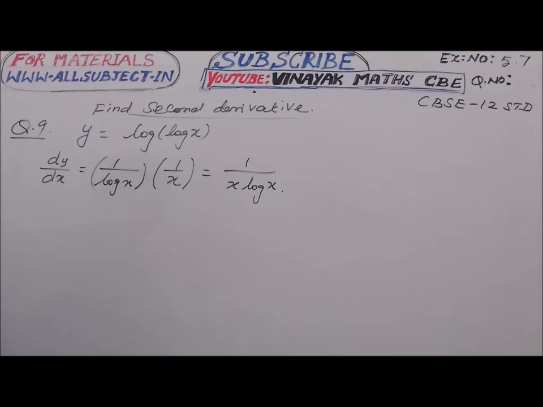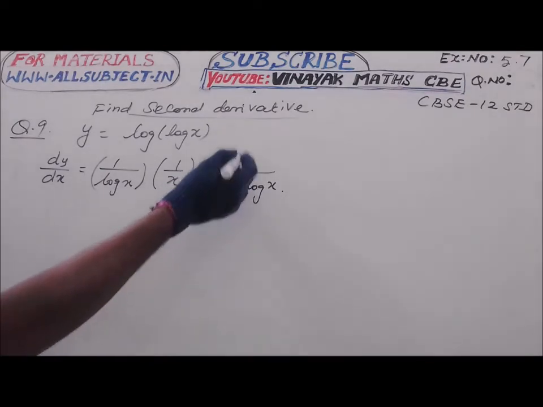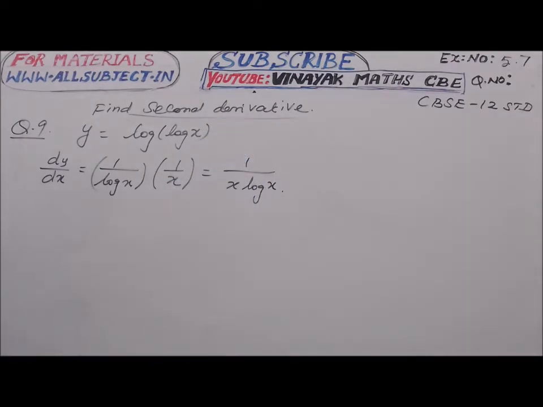Now we can modify it as 1 by x divided by log x. We can change it as 1 by x by log x, and then we can use the u by v formula.